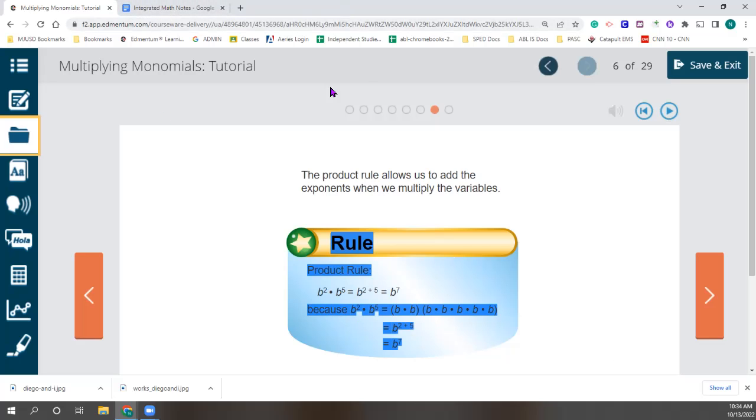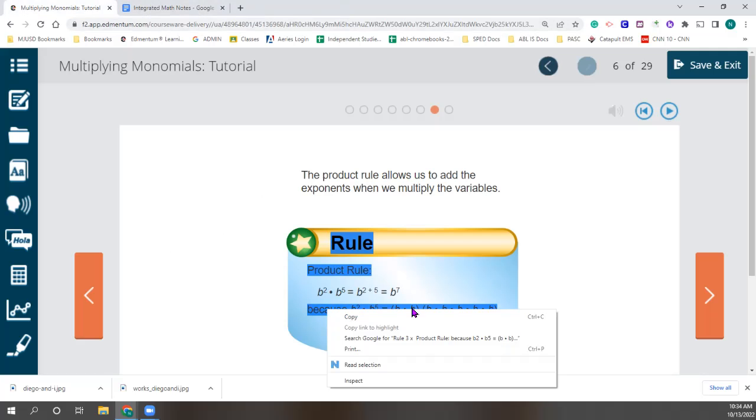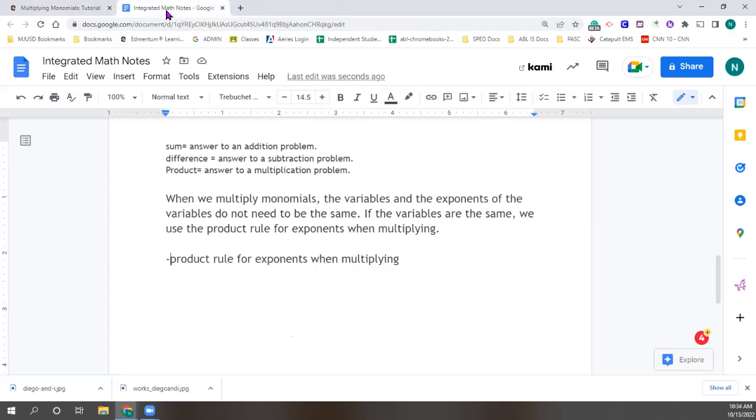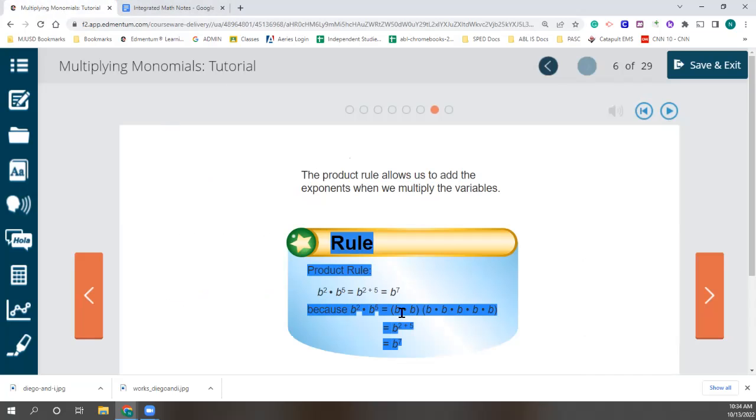All right. So put that on my, oh, did I hit copy? Copy. Control V. Uh-oh, that's hard to read. Let's make that bigger. Okay, so we got product rule.